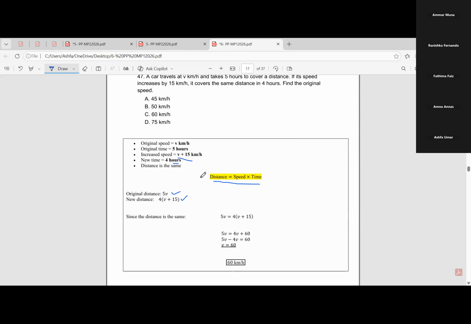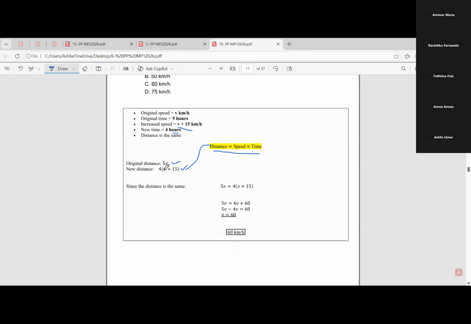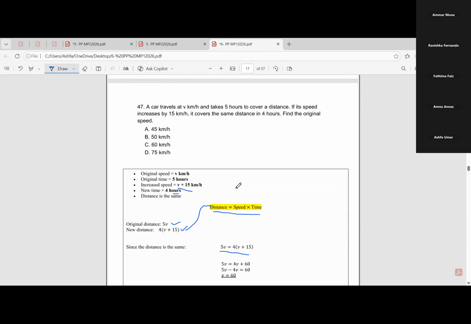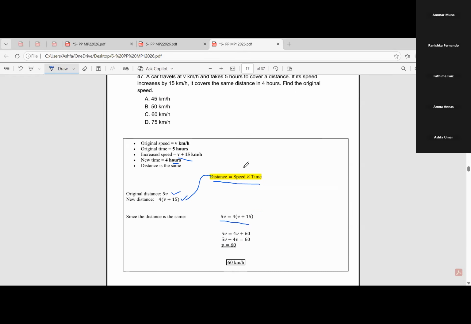Since the new distance and the original distance mentioned in the question are the same, we get this equation, and if you solve this, you get the original speed as 60 kilometers per hour.